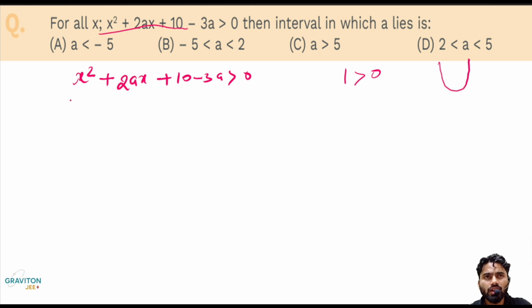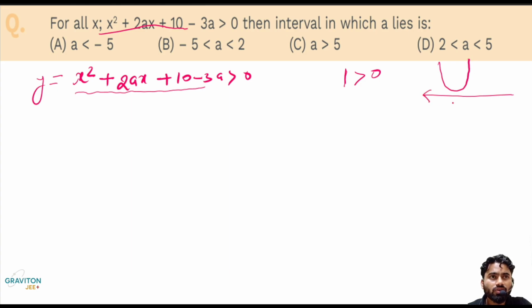Okay, and this parabola is taking positive value. So here this parabola is always above the x-axis. So when this case is possible, your parabola is above the x-axis, facing upward, and this expression is positive, so it lies above the x-axis.